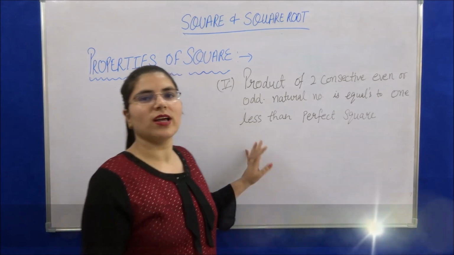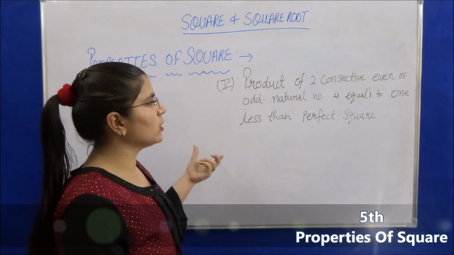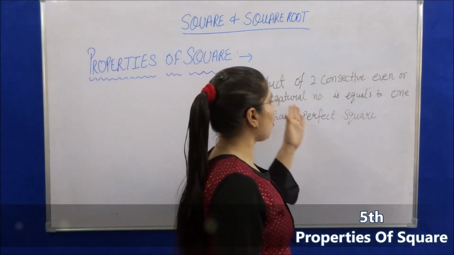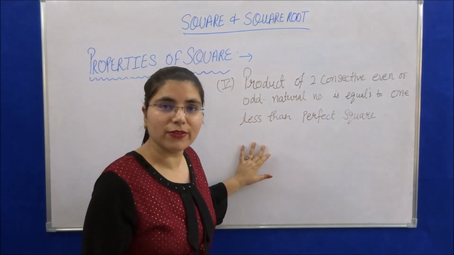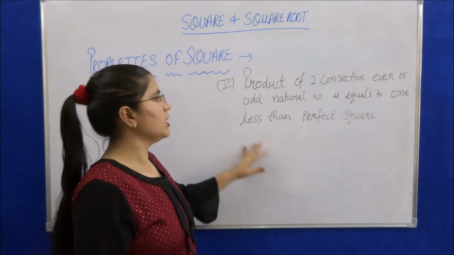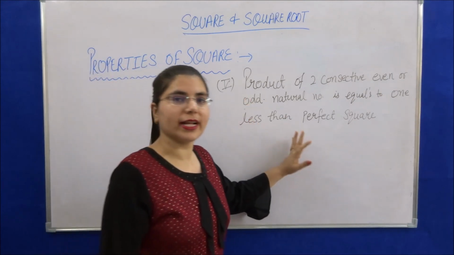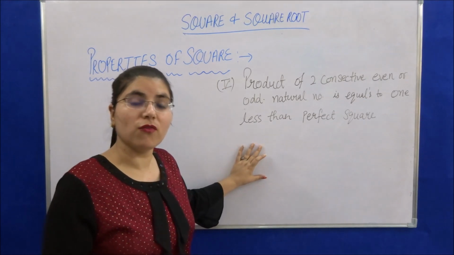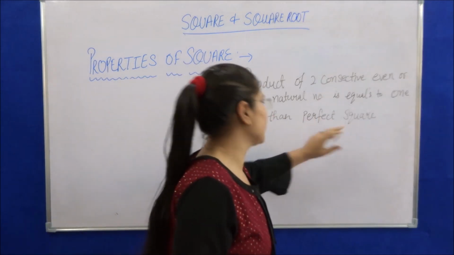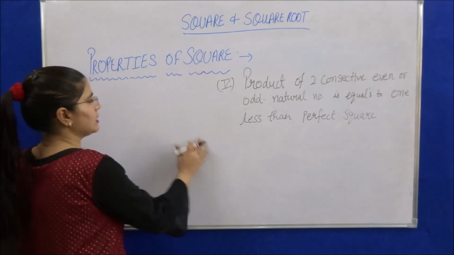Now let's do our fifth property, that is product of two consecutive even or odd natural numbers is equal to 1 less than the perfect square. I repeat, product of two consecutive even or odd natural numbers is equal to 1 less than the perfect square. Now let's see.